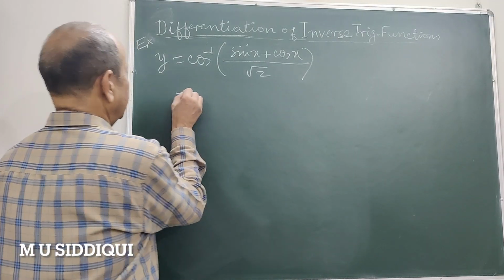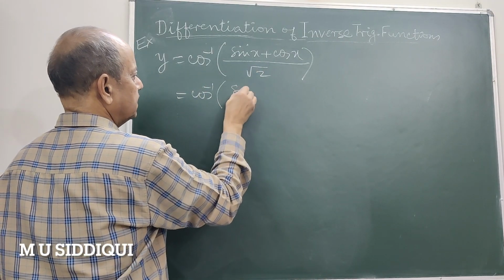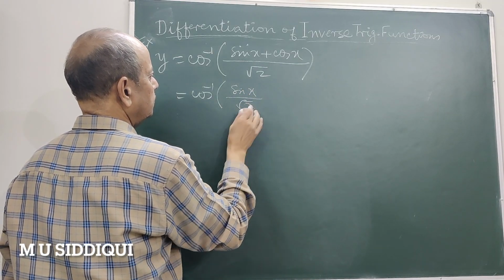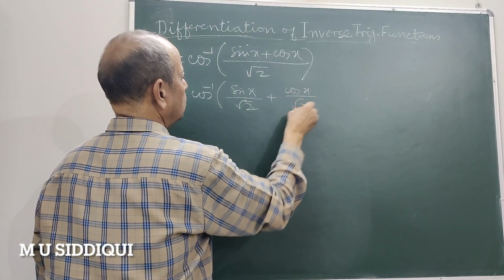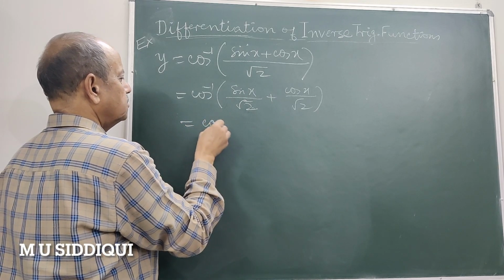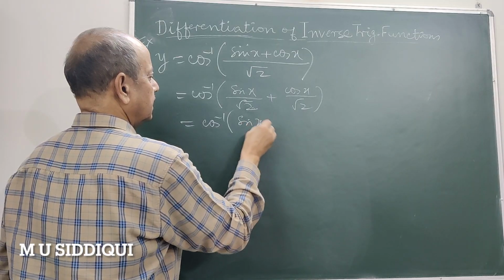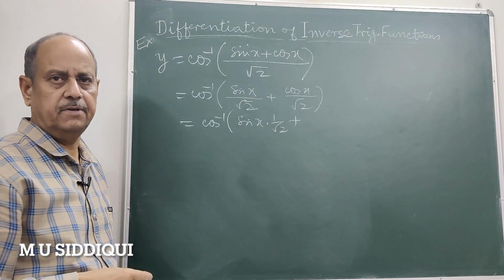In that case, you can identify this as cos inverse of, this is sin x upon root 2 separately, plus this is cos x upon root 2 separately. One step. Then you can say this is cos inverse of sin x into 1 upon root 2, can we?